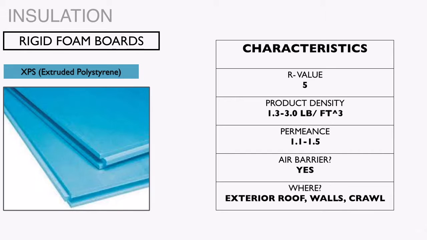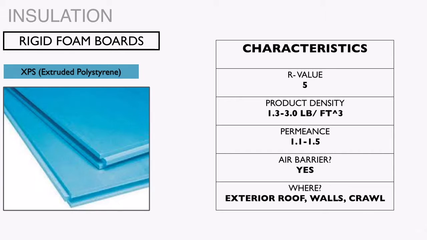So again, we do want to pay attention to our assemblies when we use it. But generally, if there's a space behind, on the interior side of your foam board, and the spaces can be quite small, it's not a concern.